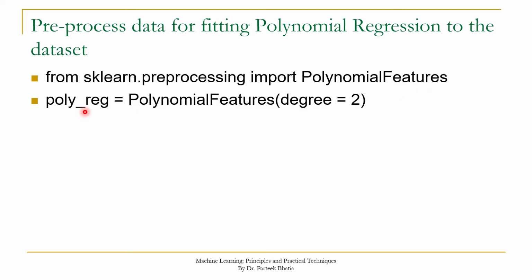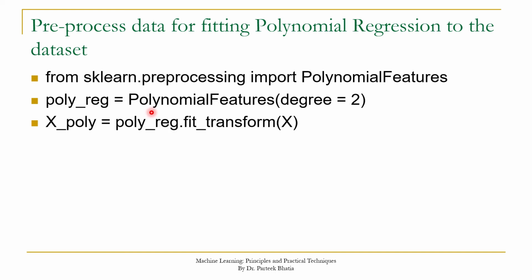Then we have to create the object of this PolynomialFeatures class. Here we are creating its object poly_reg, and during creation of that object we are defining the value of degree. So here we are defining degree 2. It means our data will be pre-processed to polynomial degree 2 by using the object poly_reg. In order to pre-process the dataset, the PolynomialFeatures class has a method called fit_transform.